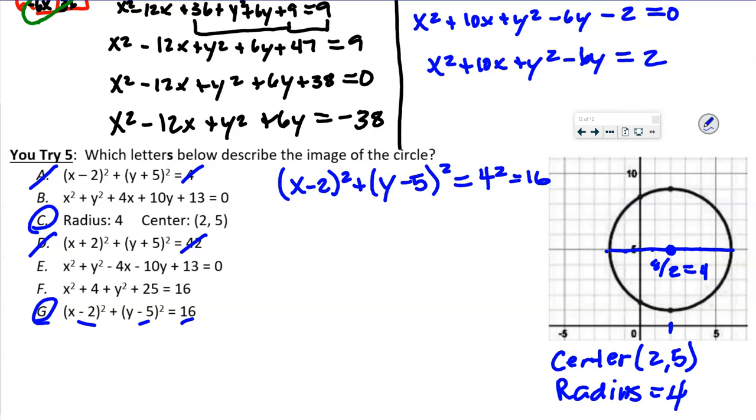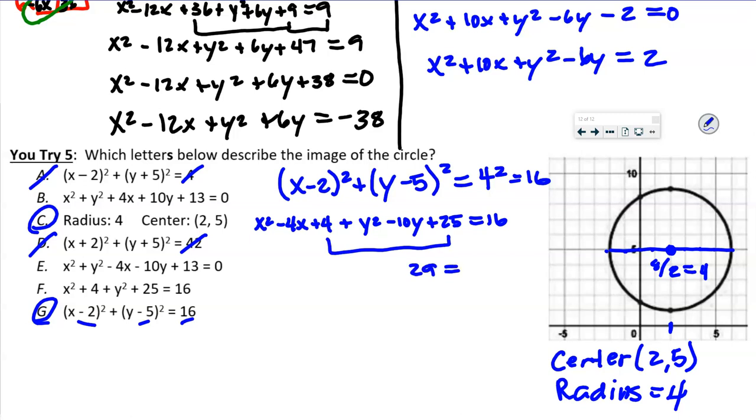Okay, so then these others are the expanded version of what we have, right? So let's do this again. So we got x squared minus 4x, because we're doing negative 2x times 2, plus 4, plus y squared minus 10y plus 25, and that's equal to 16. Okay, so once again, we're going to combine our like terms here. So we're going to combine the 4 and the 25, so that would be 29, and that equals 16. So we're going to bring down the rest of our terms.